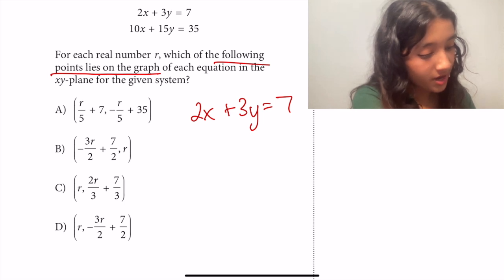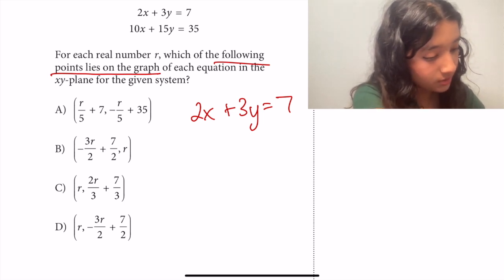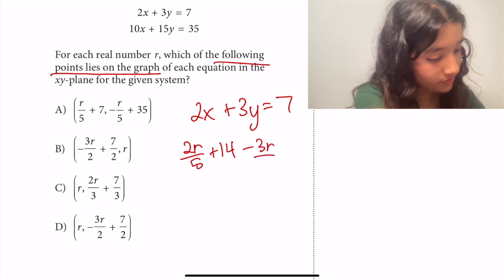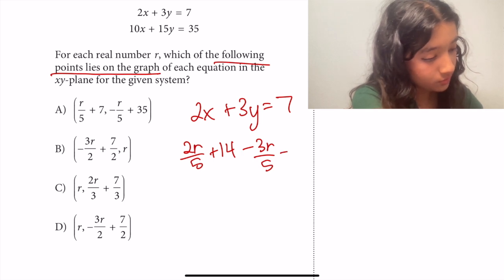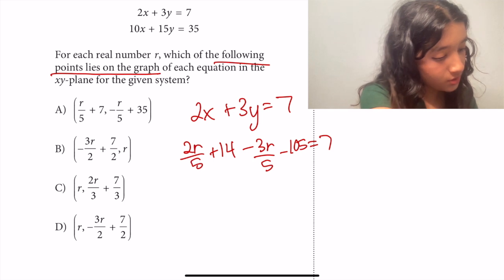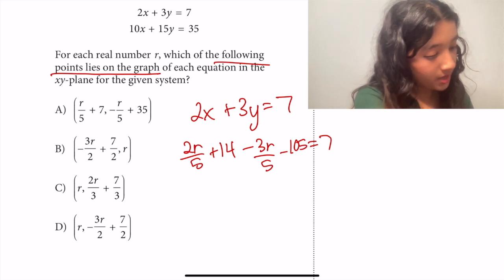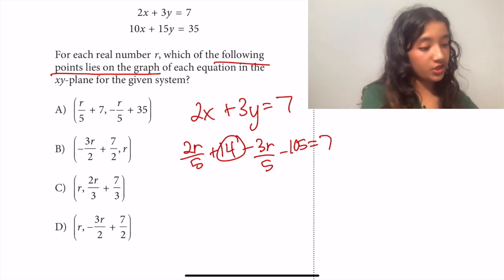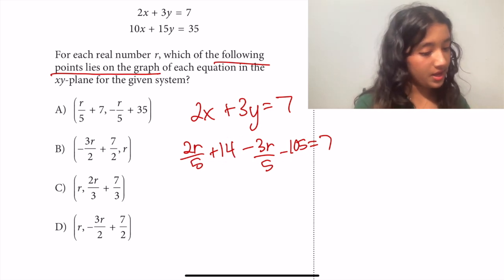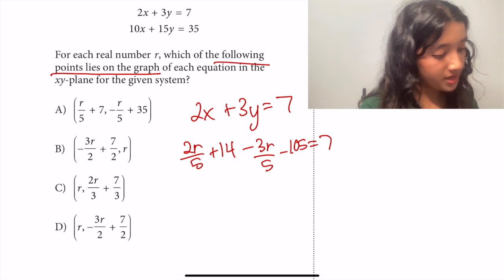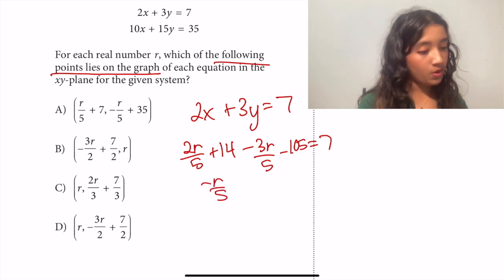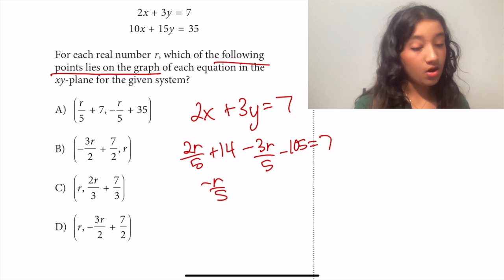So if we try part A, we get 2r over 5 plus 14 minus 3r over 5 minus 105 equals 7. So just looking at that, we know that 14 minus 105 is going to be a pretty large negative number. And we'll also be left over with negative r over 5, but we don't really know what r is.